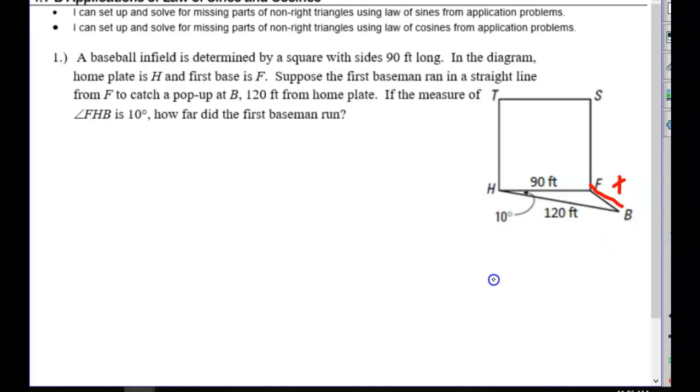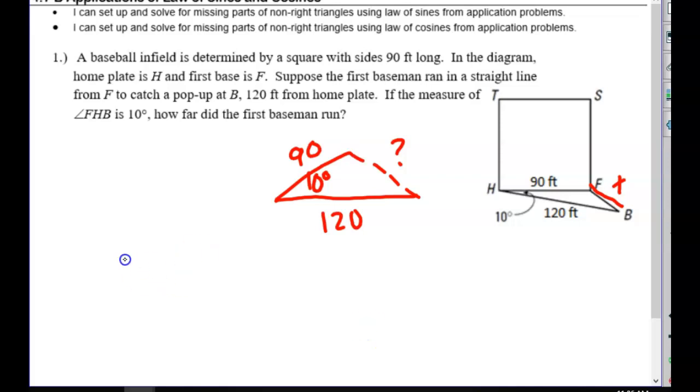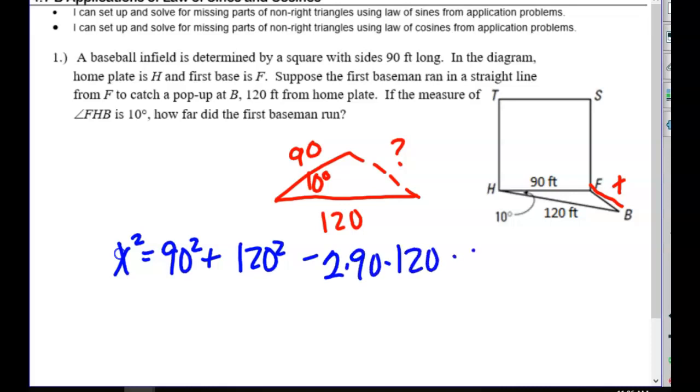Okay, what's across from each other so we can do law of sines? I don't think we have anything across from each other, do we? We have a 90, a 120, a 10 degrees, and we want this side. Same question we just did, right? X squared equals 90 squared plus 120 squared minus 2 times 90 times 120 times the cosine of 10 degrees.